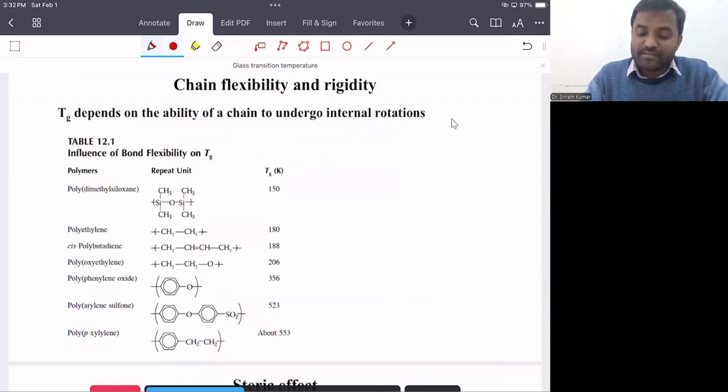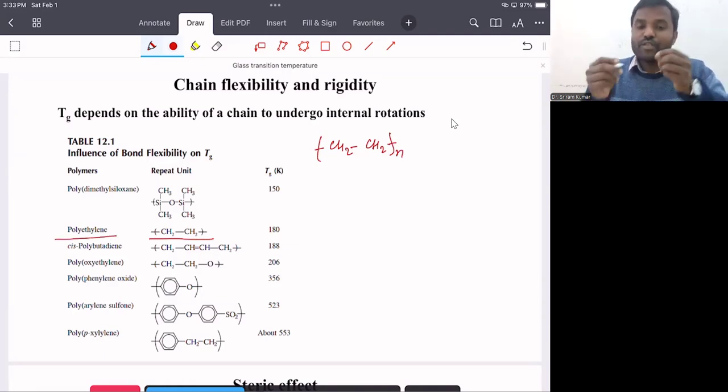If we consider chain flexibility and rigidity, for example, let's consider this one first. We have CH2, CH2, and this is the polymer polyethylene.